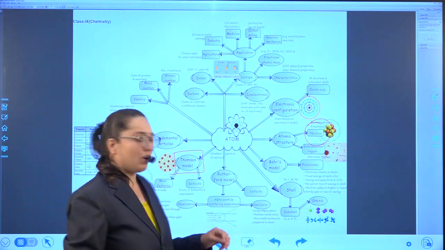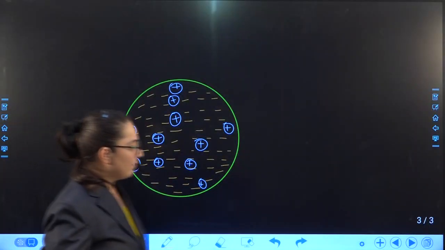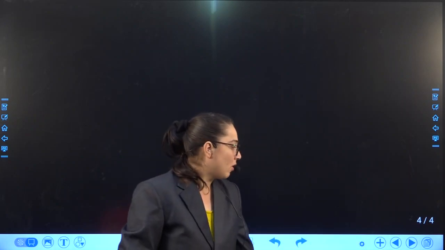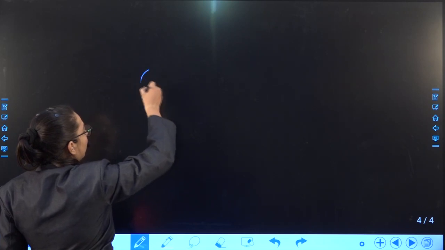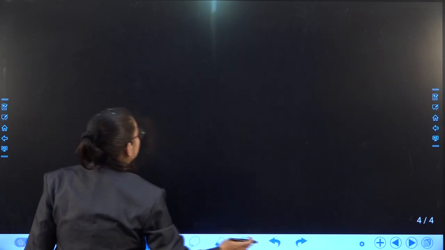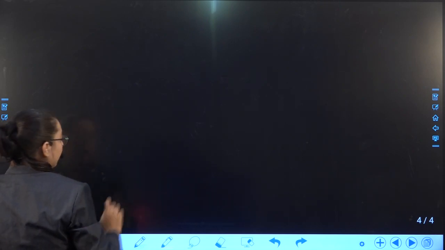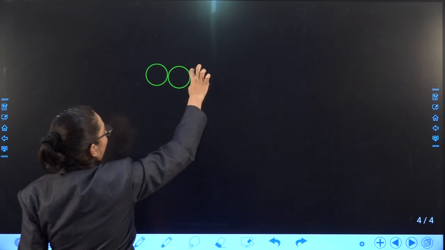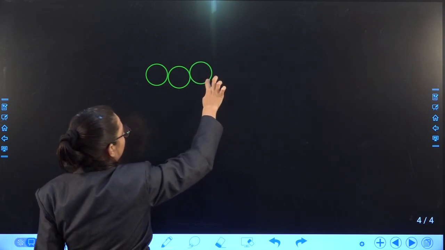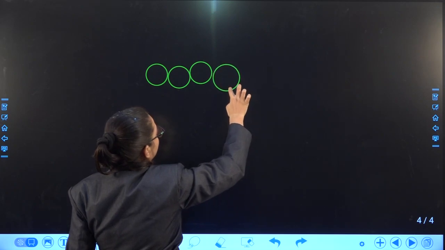Now what did Rutherford do? Rutherford first of all did the alpha ray scattering experiment on a gold foil. He took a very thin gold foil which had only about 1000 atoms.